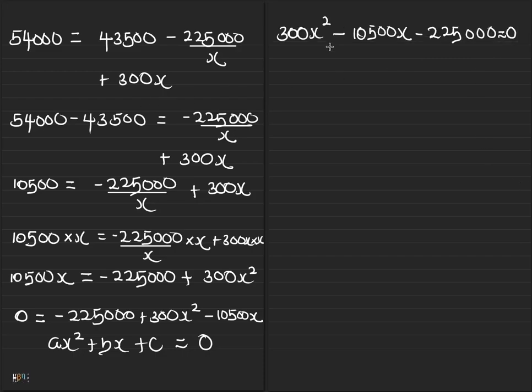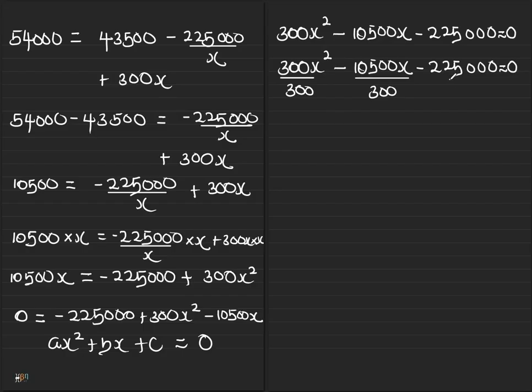Since the numbers are very, very big, we can choose to simplify. And how do we simplify? We just divide each and every term by 300. So if I'm to divide this by 300, this by 300, and then this as well by 300, what happens? This 300 cancels out this 300.